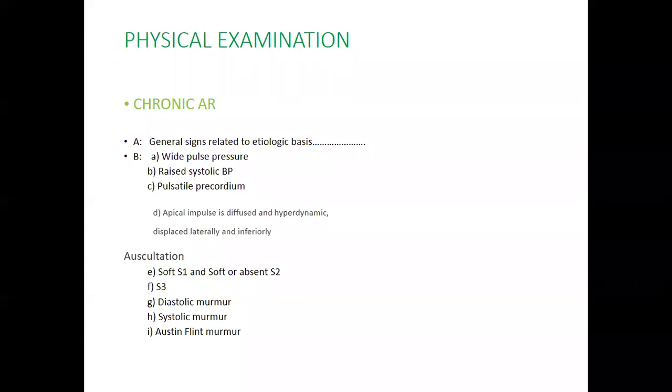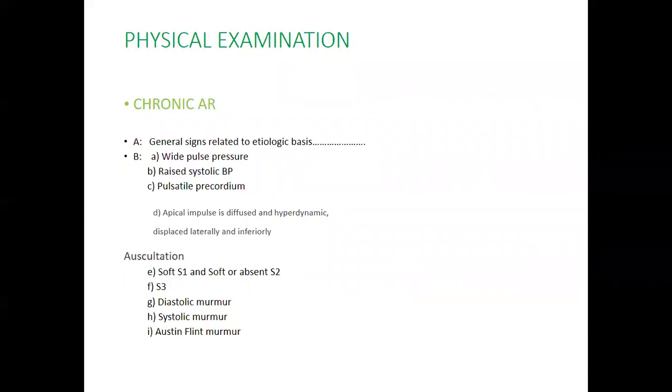Definitely the regurgitated flow from the aorta into the ventricle produces a diastolic murmur, and sometimes this diastolic flow that strikes over the anterior mitral leaflet can produce an Austin Flint murmur.